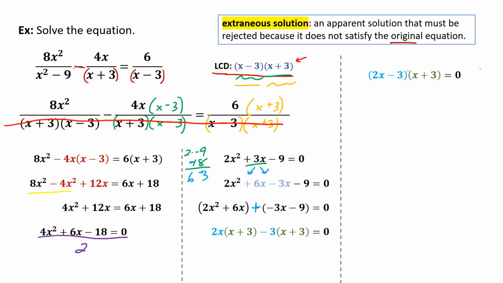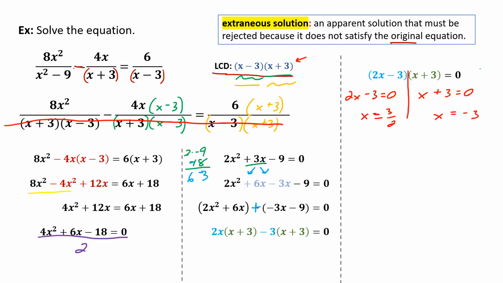We can apply the zero product property. So we know that 2x minus 3 equals 0, or x plus 3 equals 0. All right, add 3, divide by 2, we get that x equals 3/2. And on the right side, we get x equals -3.